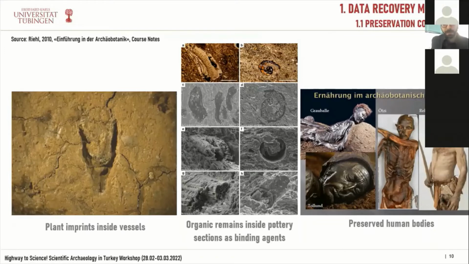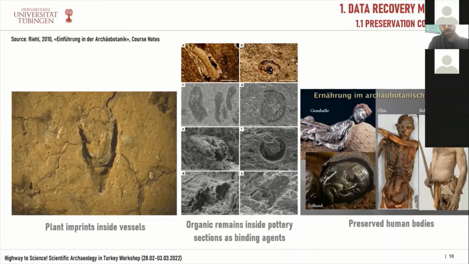And here at the right-hand side, you can see some dead bodies, and it's also possible to open the stomach of these preserved human bodies and look at what they ate the last time before they died.